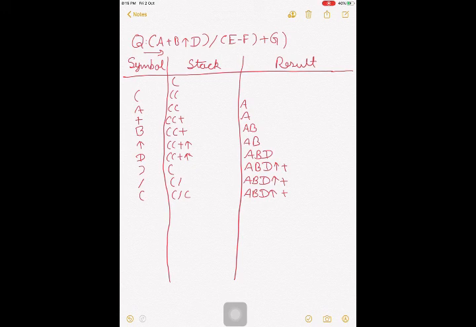Then we get E. E will move to the resultant expression: ABD power plus E. Then we get minus.